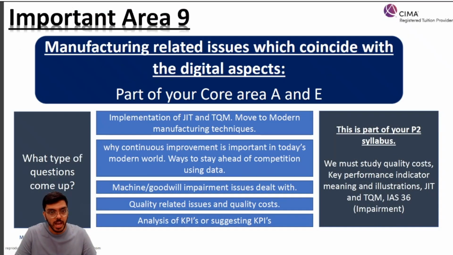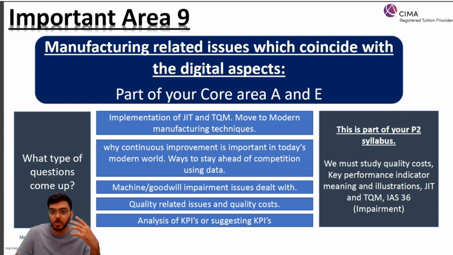Important topic number 9 is manufacturing related issues which coincide with the digital aspects. So again, bringing the digital aspects into the picture here, but dealing with manufacturing related issues. Manufacturing related issues are part of your core areas A and E. What type of questions come up here?